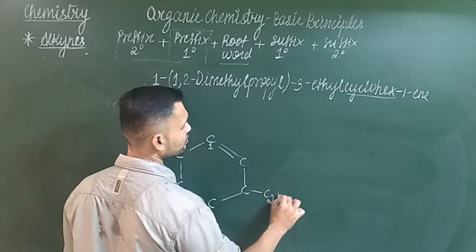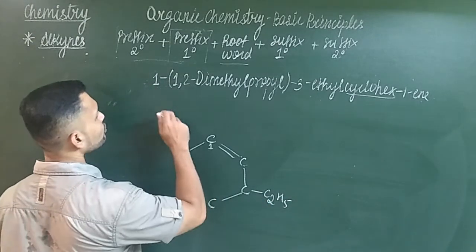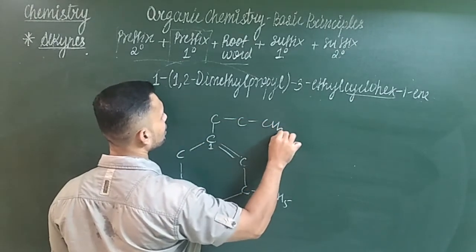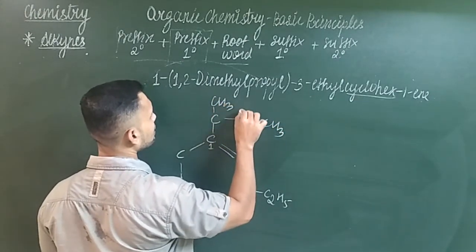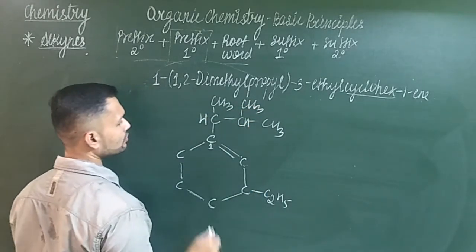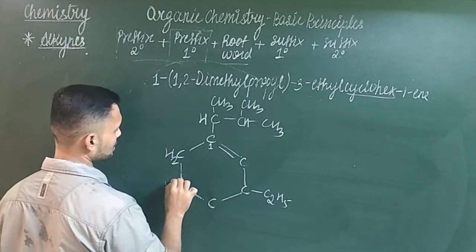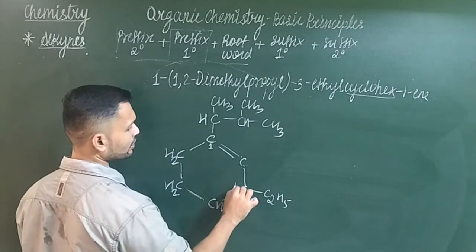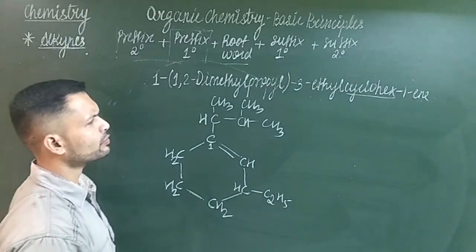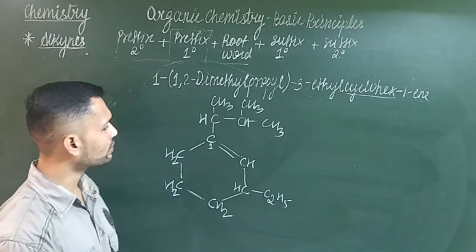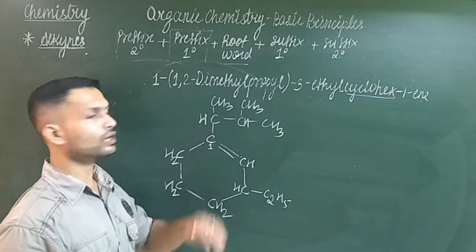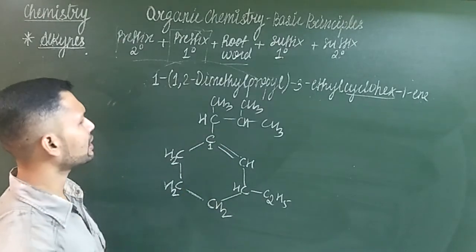At the third position it has an ethyl branch. At the first position it has the longest chain of 3 carbons, to which the first and second carbons have methyl. So fulfill those valencies and the remaining valencies with hydrogen. I have taken an alkene here because an alkyne wouldn't have existed over here, and if I put an alkyne there, the numbering would have got disturbed.